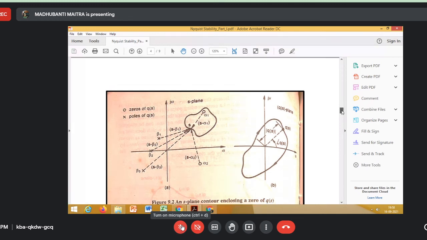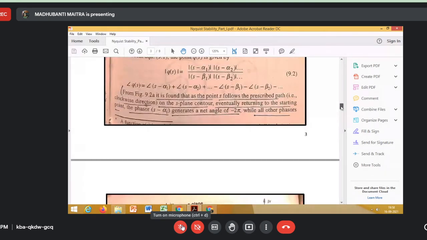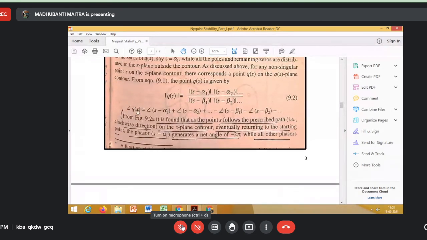And since the angle contributed by zeros are positive, in this case where one single zero was enclosed by the S-plane contour, delta QS will be equal to delta S minus alpha 1, and all the rest of the angles, that is delta S minus alpha 2, delta S minus beta 1, all these components will be 0, right?